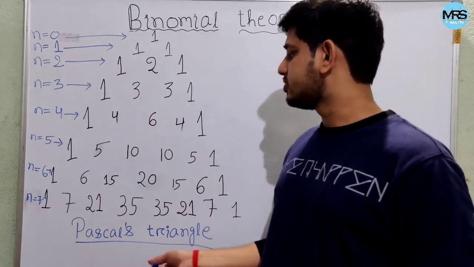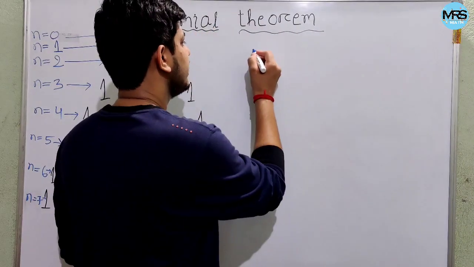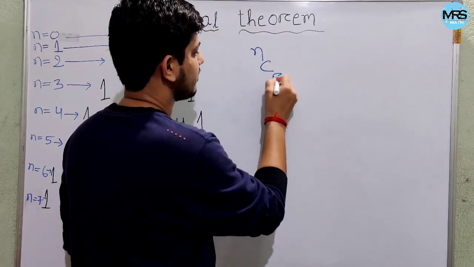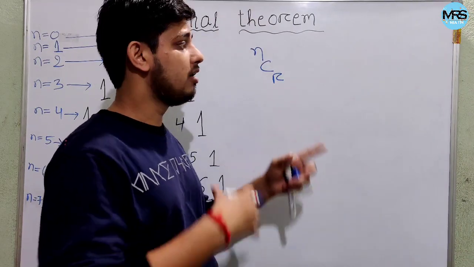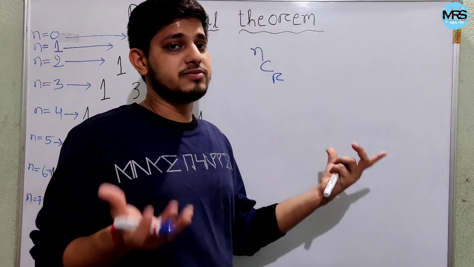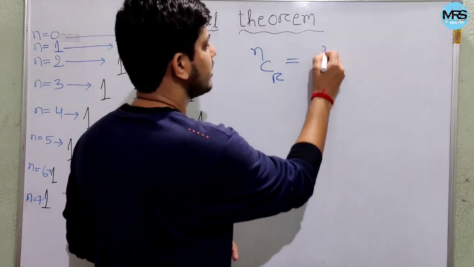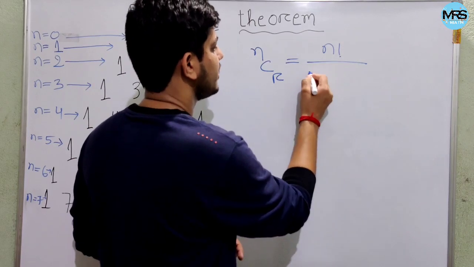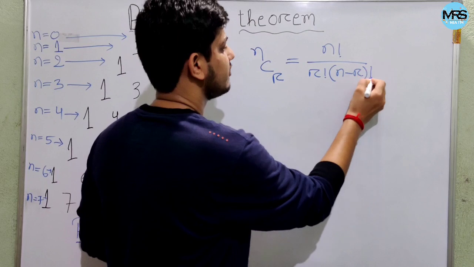If you understood this Pascal triangle, now let me discuss combination, that is nCr. That means n items taken r at a time, and the order in which these items are chosen does not matter. The formula is n factorial over r factorial into (n minus r) factorial.